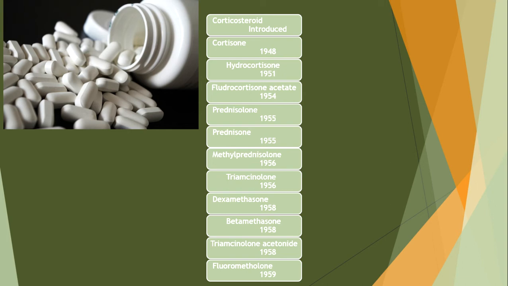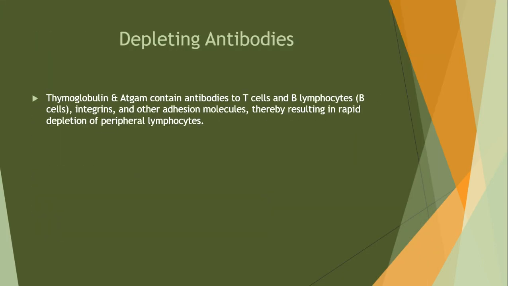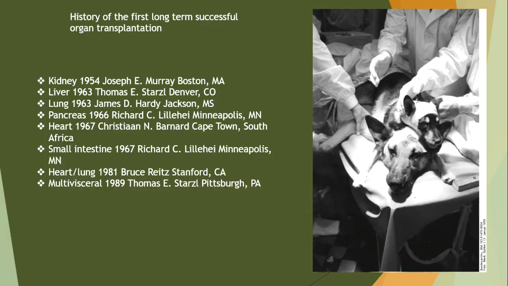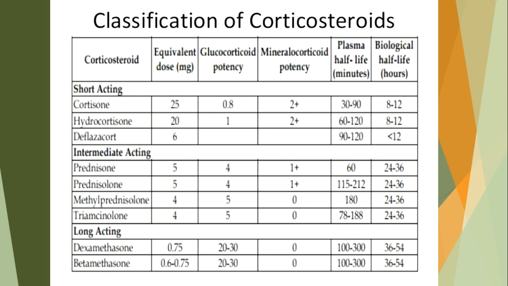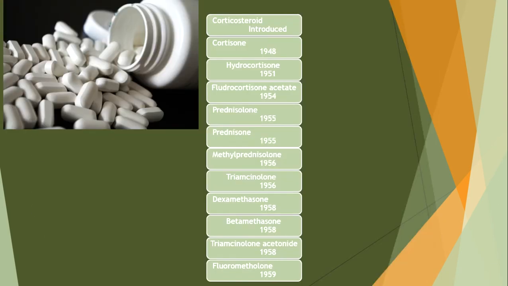And if you compare it with the first years of the transplant, you must see that transplantology became a real field of medicine after the description of all these types of corticosteroids, because without corticosteroids we talk about acute rejection.